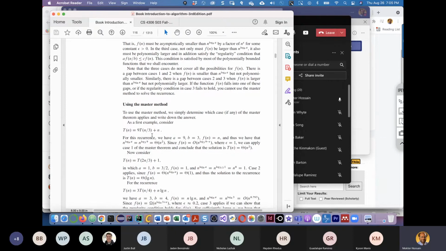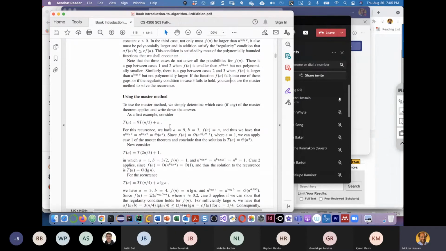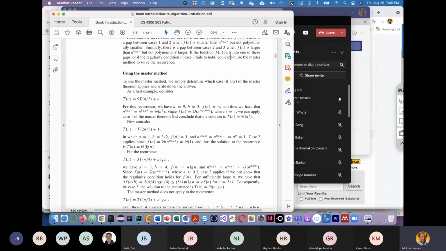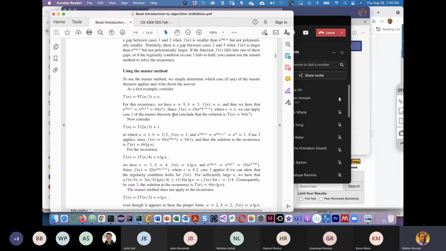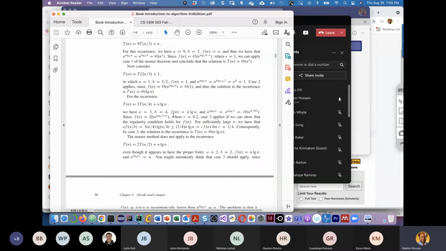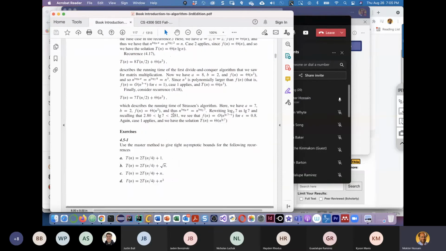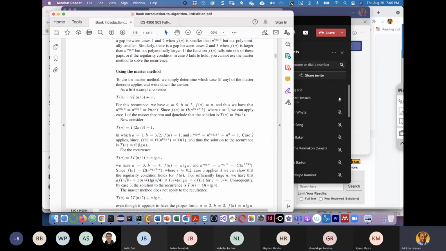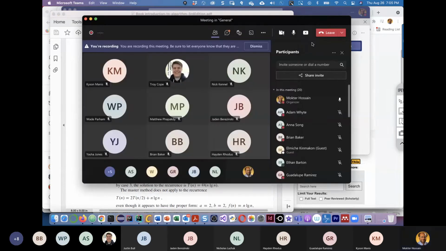Now let us see some real problems, some actual problems. Let us solve these, and then hopefully we will understand the Master Theorem. So we have 5, 6, 7 problems. At this point, has anyone any question?